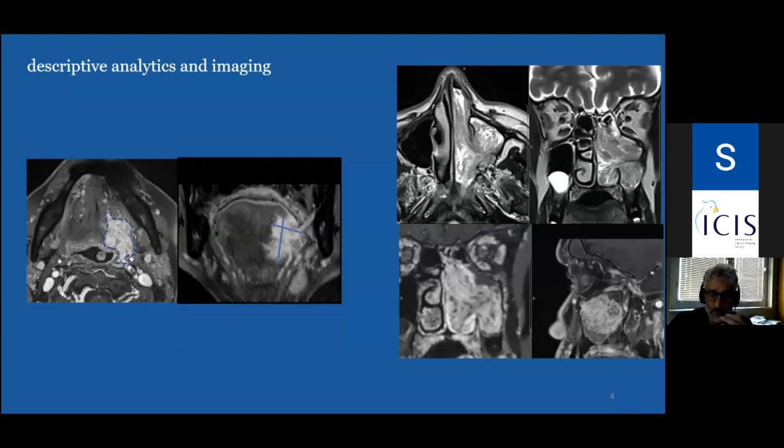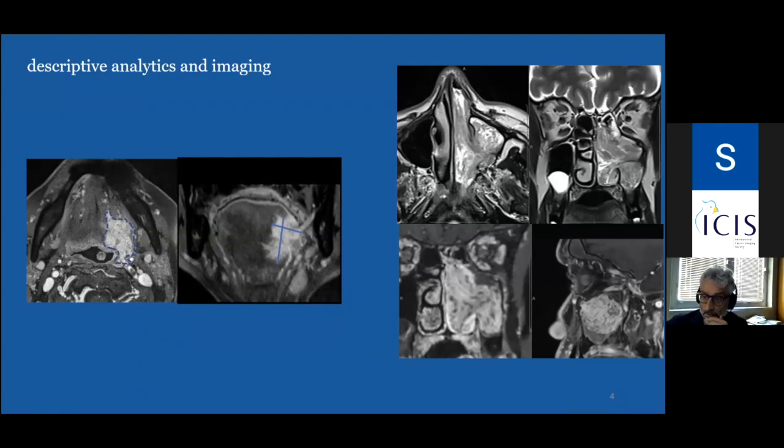On your left side, you have an oral cavity and oropharyngeal tumor, and you see how linear measurements, volumetric measurements, assessment of enhancement, necrosis, shape of the lesion collectively describe the object and define its nature and its spatial position.